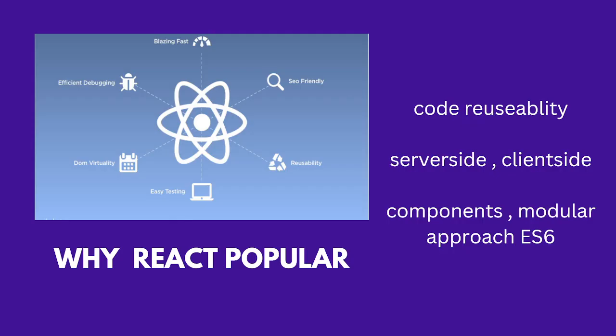So first thing I would say, what is React, and why is React so popular even though we have HTML, CSS and other basic low level web development languages. React is basically a declarative JavaScript library.